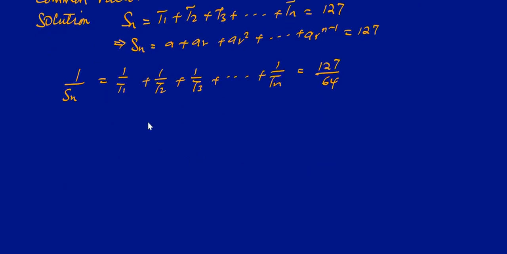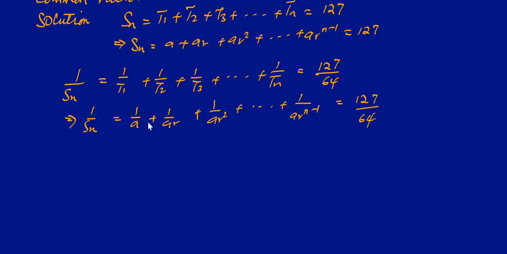So this implies that 1 over Sn will be equal to 1 over A plus 1 over AR plus 1 over AR squared plus ... plus 1 over AR^(n-1), and this will be equal to 127/64.